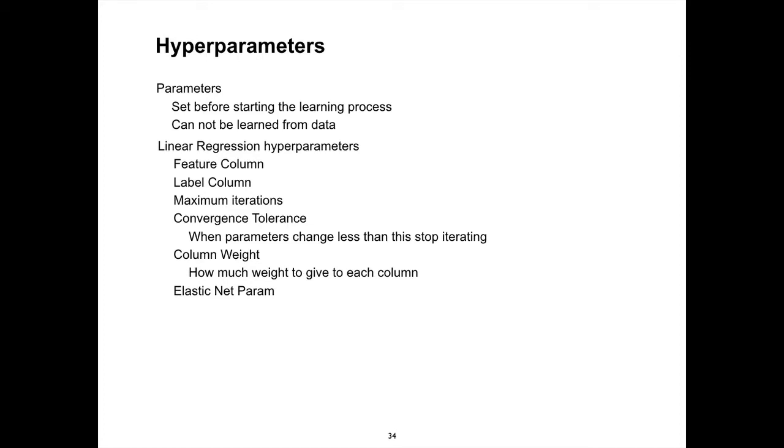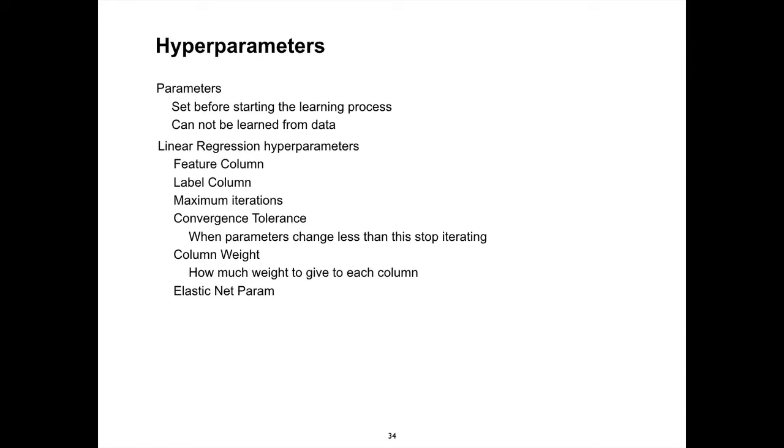In machine learning, they have what they call hyperparameters, which sounds pretty fancy, but it's just a fancy word that means these are parameters to the algorithm which the algorithm can't learn from looking at the data. So the name of the feature column, the algorithm can't figure that out, right?